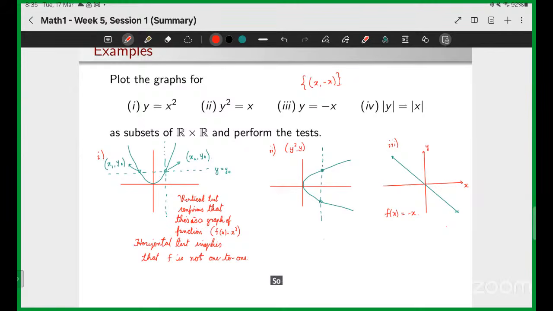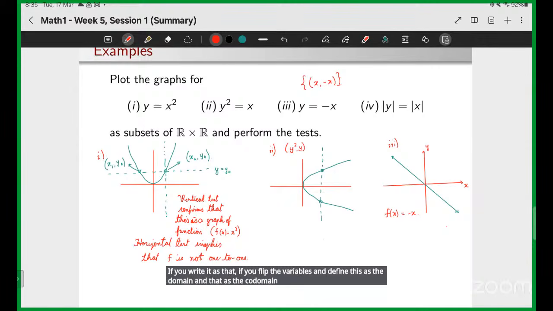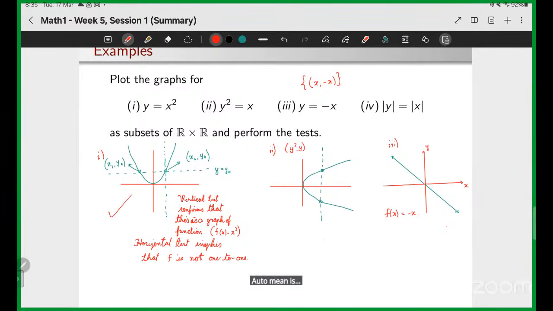If you flip the variables and define this as the domain and that as the codomain, then yes, this will be a function which has domain R and codomain the positive numbers. It will be the same as the first one.